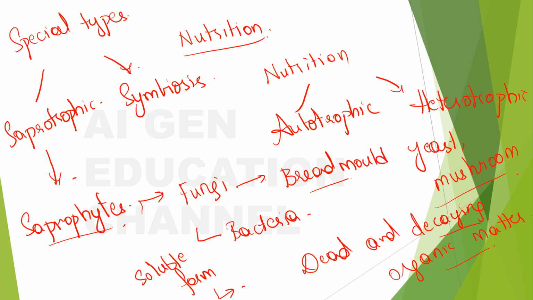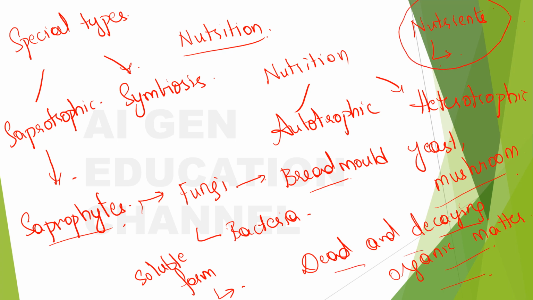Just like animals and plants have their way of obtaining nutrition or making their own food, saprotrophs depend on dead and decaying matter to get their nutrients. Every organism needs some sort of nutrients so that it can survive and sustain its life. And saprotrophs get these from this type of matter.